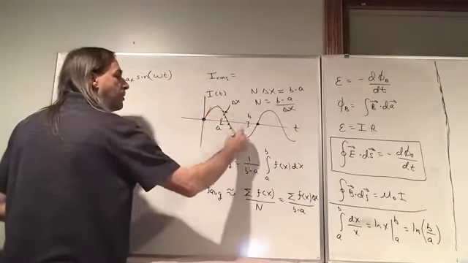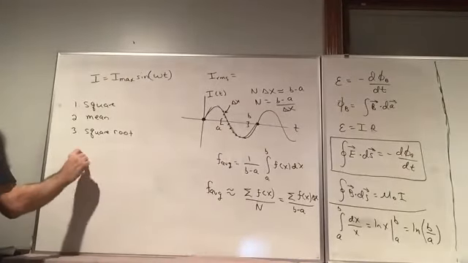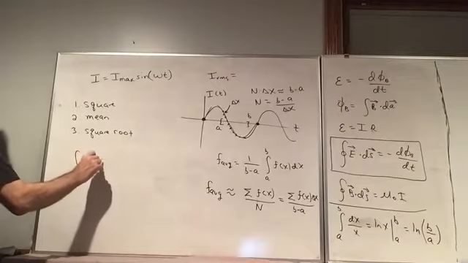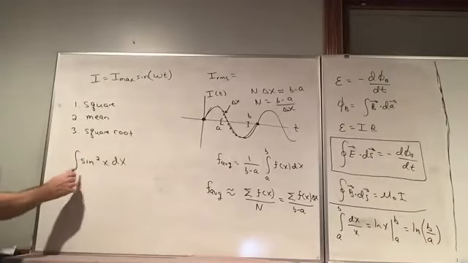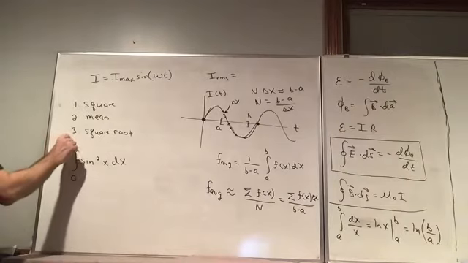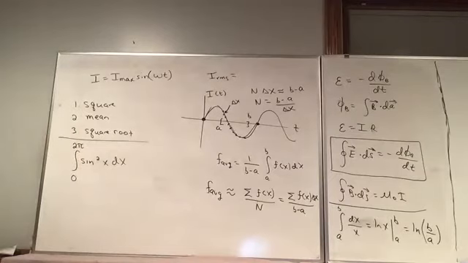Actually, we want to average sine squared x dx, and let's do that from 0 to 2 pi. When x is 2 pi, we've completed one cycle.